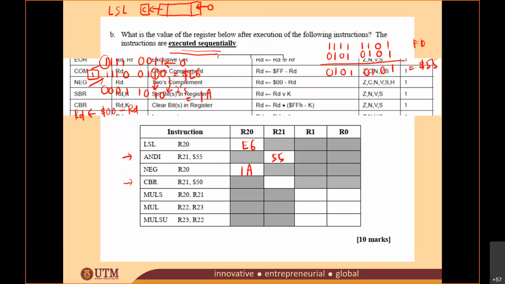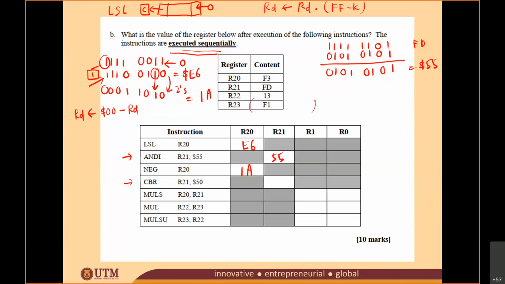You're going to clear bits in a register. Okay, so this is the operation: RD equals RD logical AND with FF minus K. Okay, so what you're going to do? Okay, so this is your K.